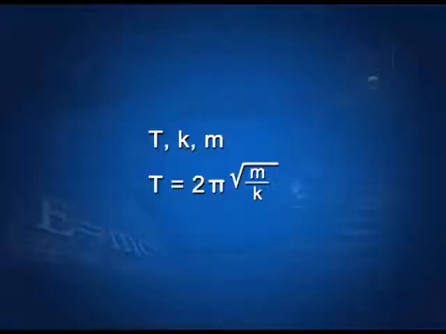You can determine a relation between periodic time of a spring, because there is a restoring force in it, it is ready to oscillate. So, you can use the method of dimensions and find a relation between time period of a spring, the spring constant and the mass that may be hanging from it, and this relation comes out to be as shown.